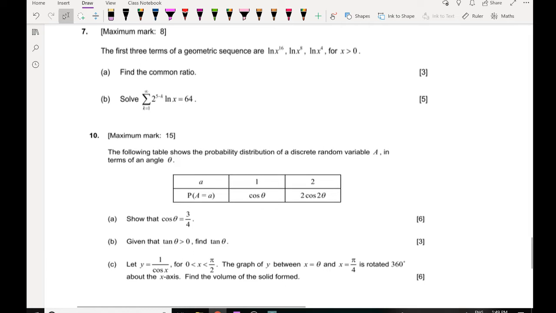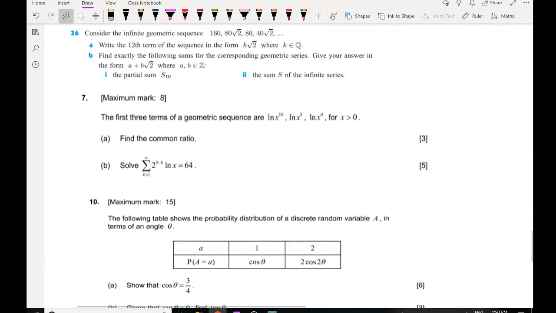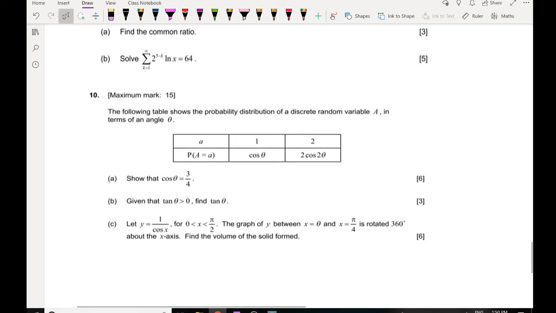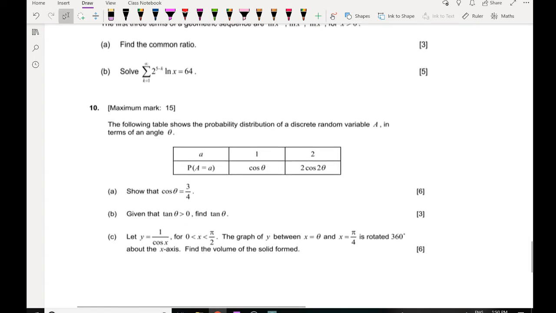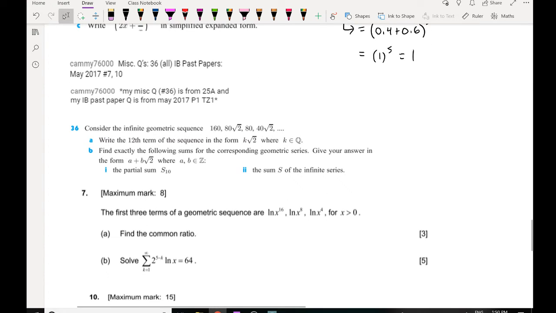And I said, oh, that's interesting. I wonder how they did that. And this is that question. And then it turns into a volume of revolution. So they were really pulling out all the stops on this question 10. Of course, now that I've built it up a little bit, it's not going to be the first one that I do. We're going to go back and do Cam's first request.